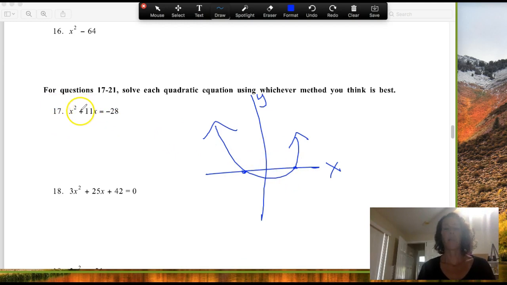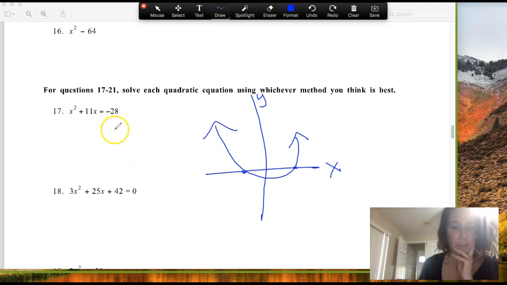I could solve by completing the square. I could solve with the quadratic formula. So what's the best method here? I could solve by factoring. Now I'm going to go ahead and add 28 to this side and see if I could solve by factoring. x squared plus 11x plus 28 equals 0.